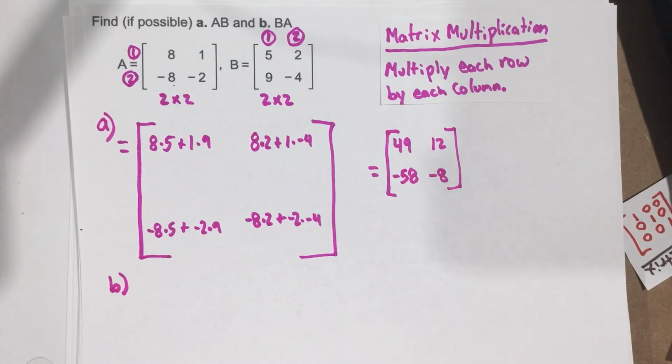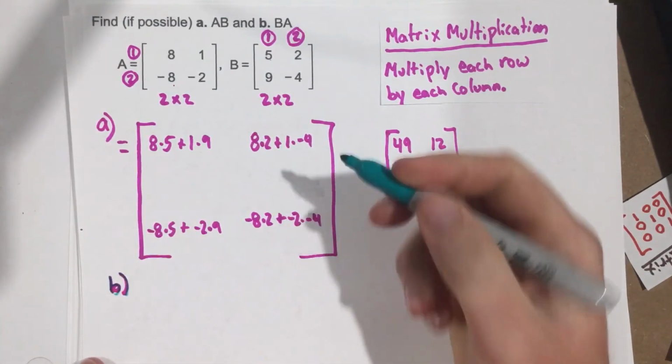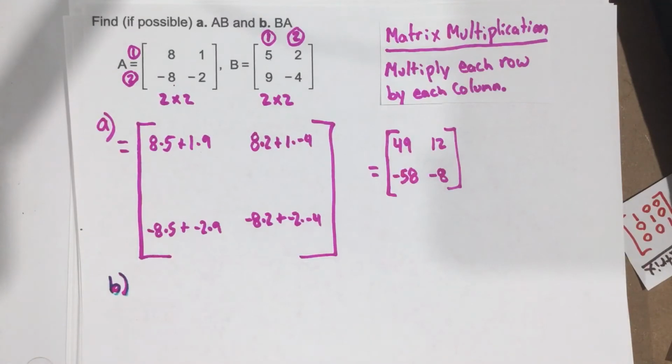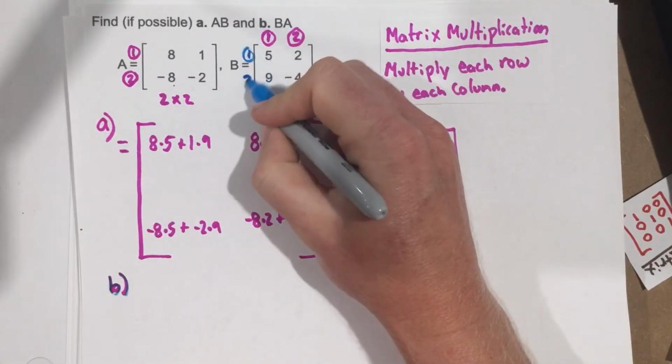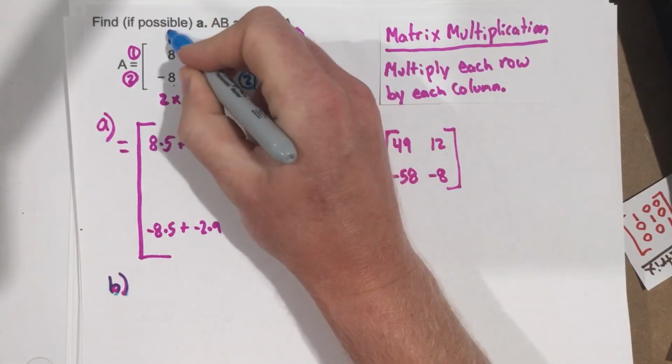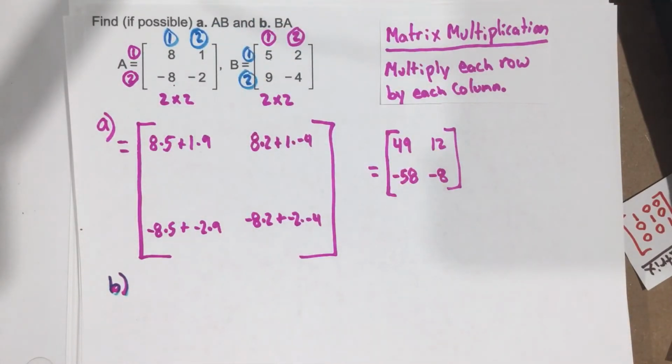I think that'll be the best way to keep all this separate. So I'm going to mark this part B, for the second part. That's row 1, row 2, and this is column 1, column 2. Okay, so we can ignore the pink for now.